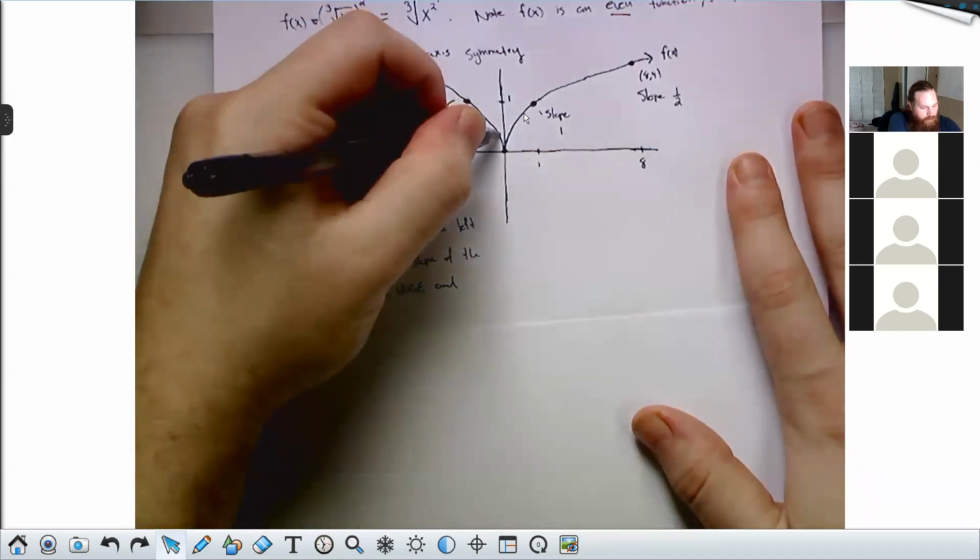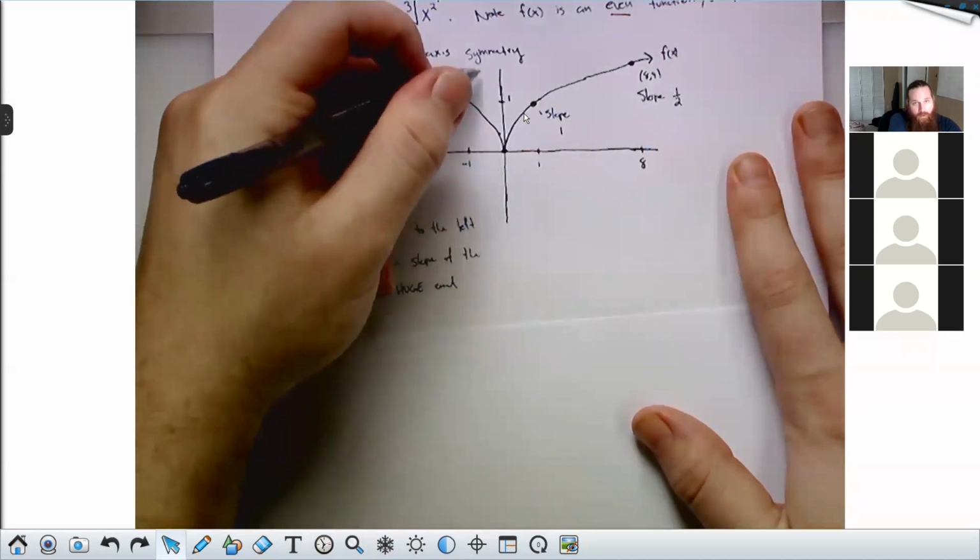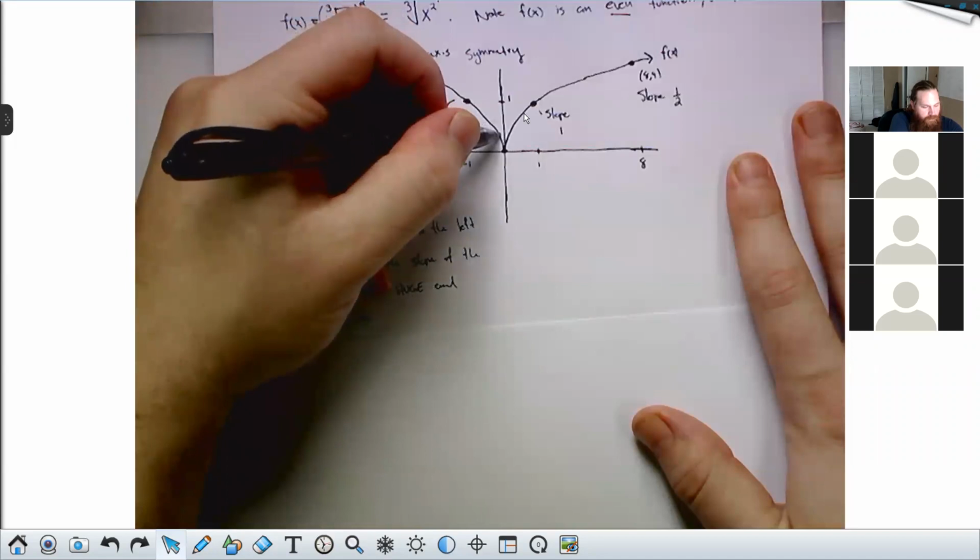Like if I took an x value right here, that tangent line is very, very steep and very, very negative.